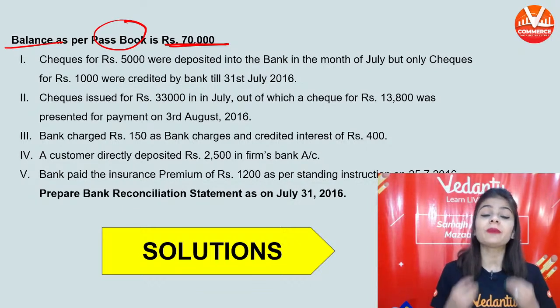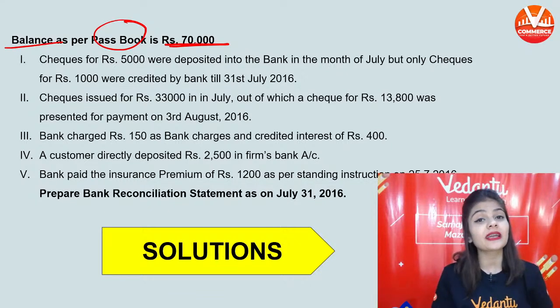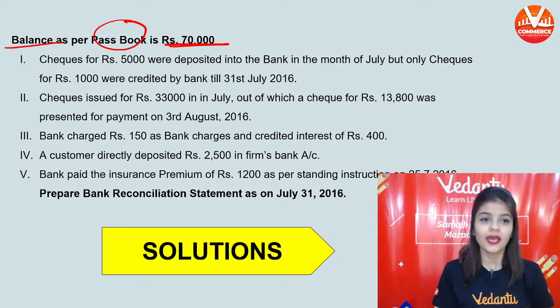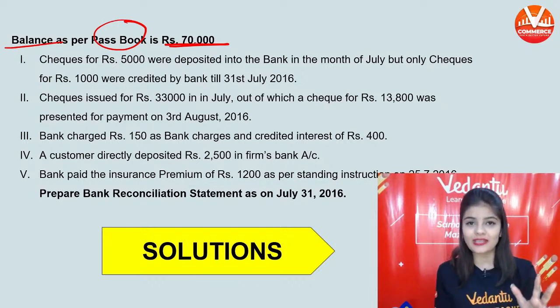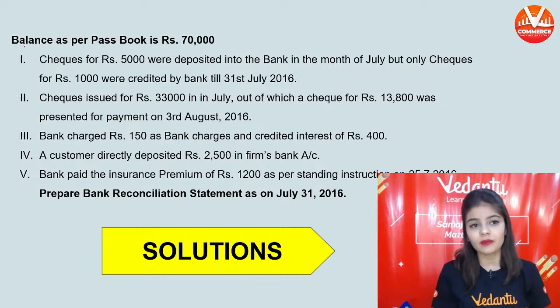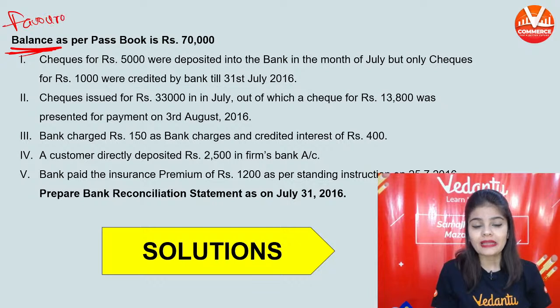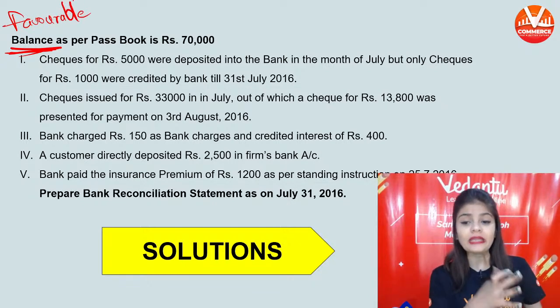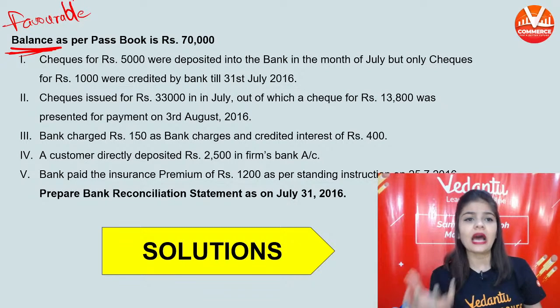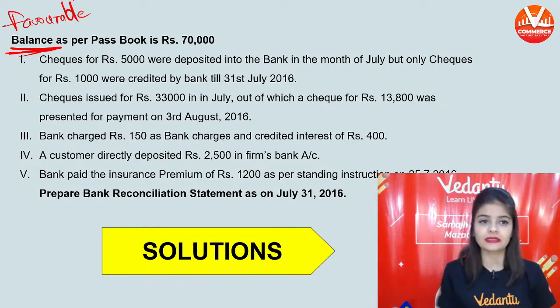So we will be making changes in the passbook only. हमें किसमें changes करने हैं? Passbook में करने हैं. And if nothing is mentioned whether it is favorable balance or unfavorable balance, we will assume that favorable balance is given. अगर कुछ भी नहीं बोला कि ये favorable है या unfavorable है, तो हम लोग क्या मानेंगे कि that is favorable balance.